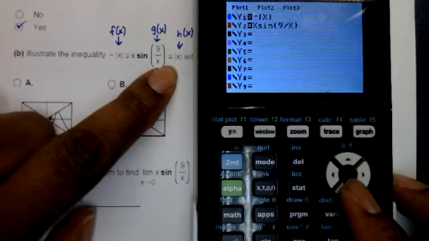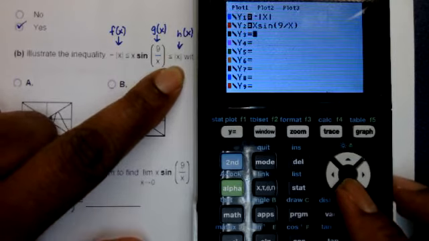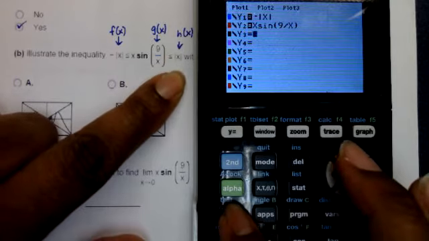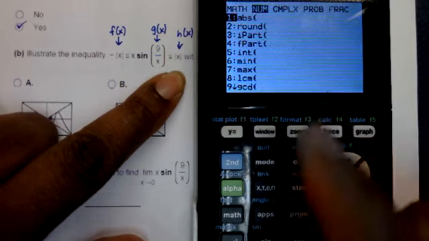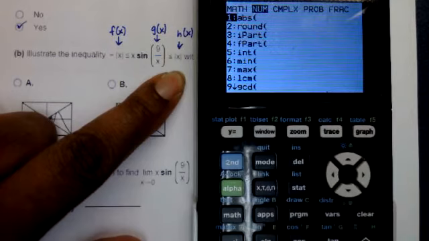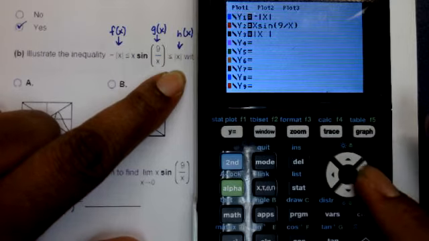Now I'm going to enter h of x in y3, which is the absolute value of x. Press the math key, go to the number menu, NUM, select number 1 for ABS, which is absolute value, and then get your x by pressing X,T,theta.